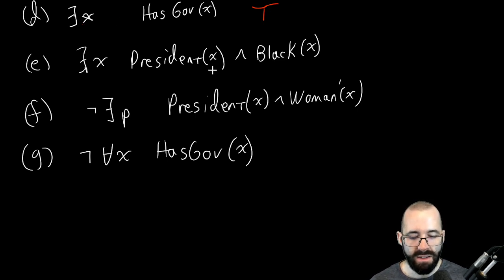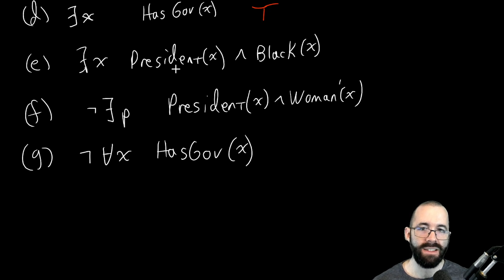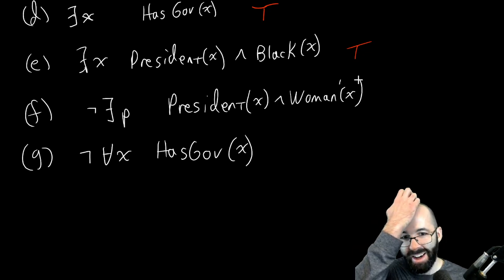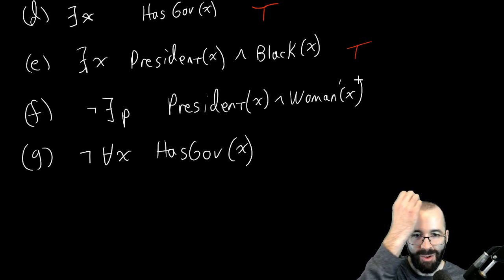Does there exist an x such that x is or was a president? I guess it depends on whether we're talking about current or past. But yes, right? There does exist one president at the current time who that is true for. Oh man, I'm recording this on November 8, 2024.